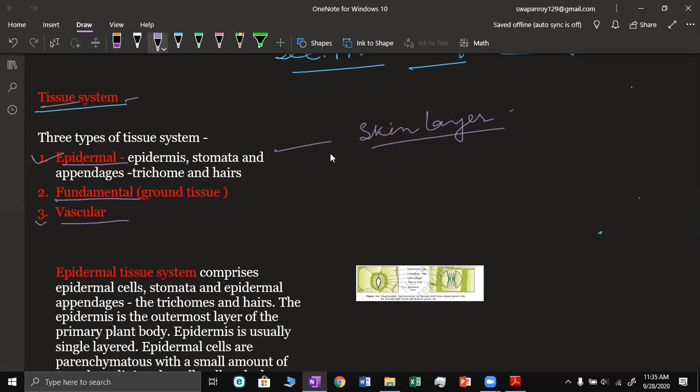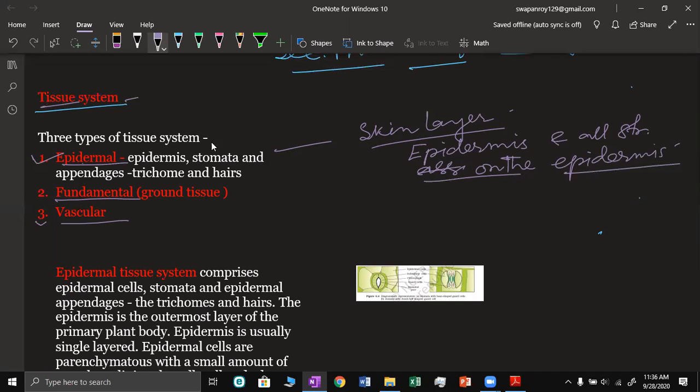You can say epidermis and all structures associated with or on the epidermis form the epidermal tissue system.